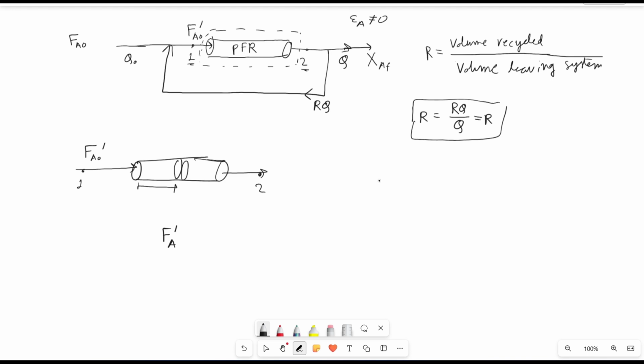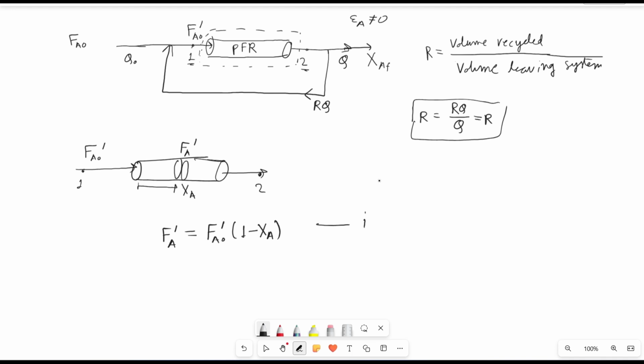Fa prime denotes the flow rate at any point, and it will equal Fa naught prime times 1 minus Xa. Xa is the conversion at that location, which is a function of volume.